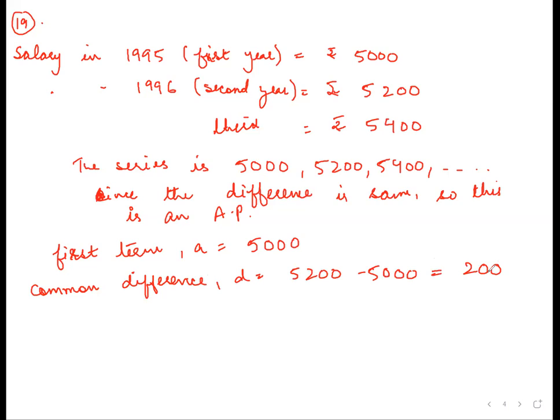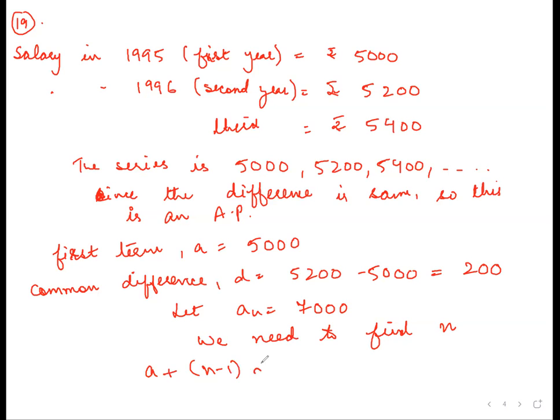Now you have to find in which year the salary will become 7,000, so basically you need to find n. Let a_n be equal to 7,000. So a plus (n minus 1) into d is 7,000. Now put the value of a and d and find the value of n. I'm just leaving the calculation for you.